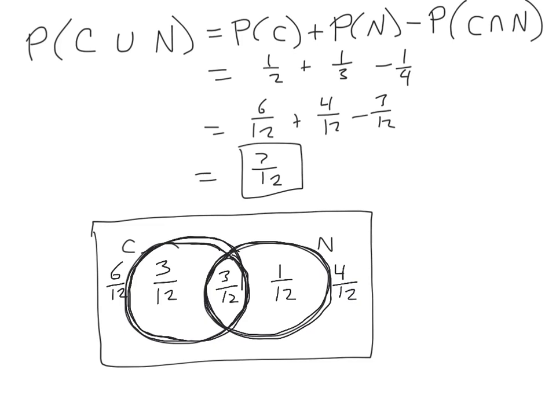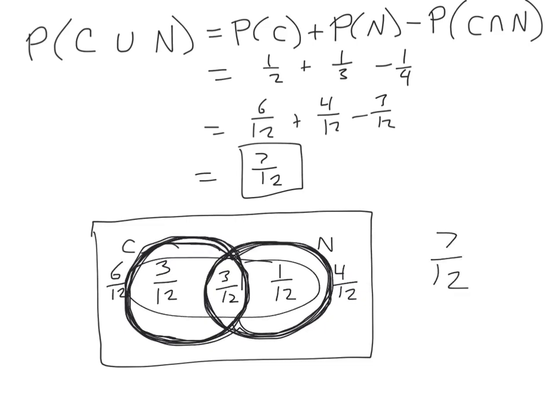Then when the problem asks, what's the union, what are all of these regions put together, we just add those regions up. It's 7/12. So the formula is great, but lots of times I don't like dealing with the formula. I really just want to see it in the diagram so I can see these pieces coming together.